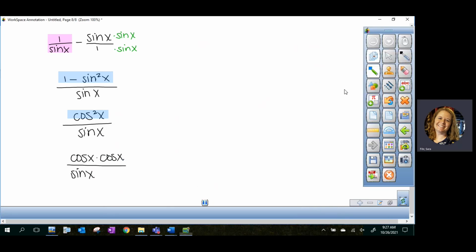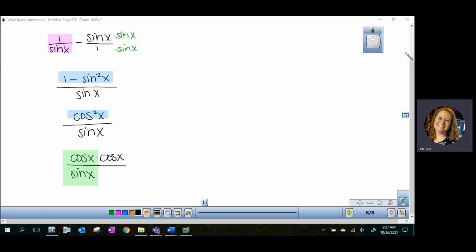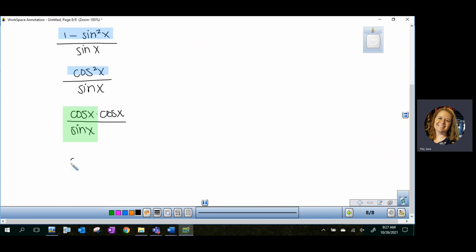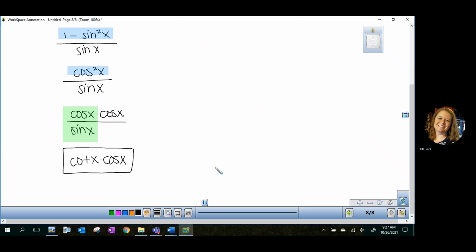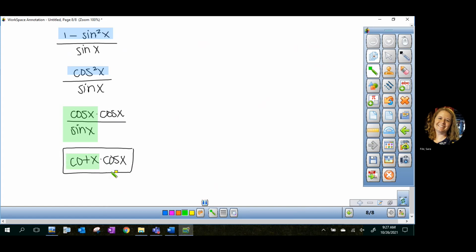So that is a quotient ID, the cosine over sine, but there's an extra cosine in the numerator. So that still has to be there. So cosine over sine is cotangent, but I've still got cosine. So that's as far as I can take this one, but I at least get it without a denominator. I get it to where it's not a fraction. That's as much as I can simplify that one.